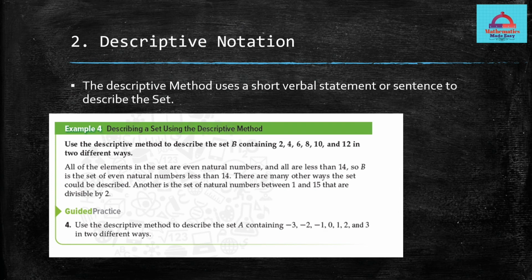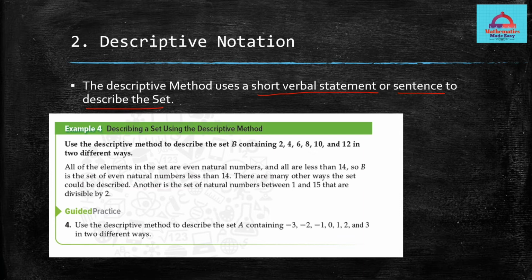Okay, so let's do the second notation, which is the descriptive notation or the descriptive method. And here, as we saw in the last example, we are going to use a short verbal statement or a sentence to describe the given set. So here, let's take an example. Describe a set using the descriptive method containing the elements 2, 4, 6, 8, 10 and 12 in 2 different ways.